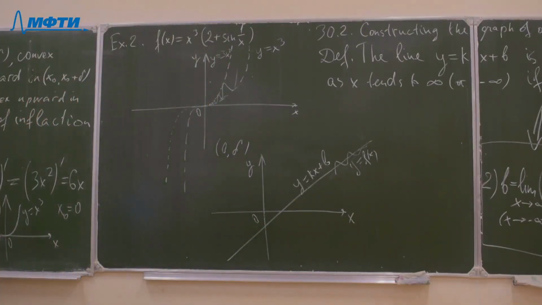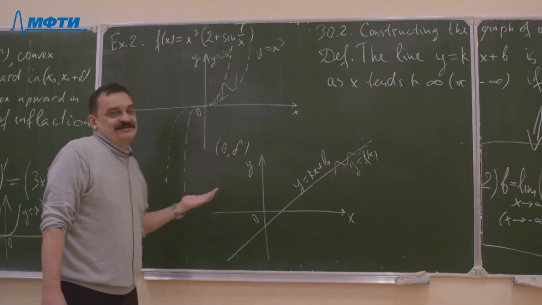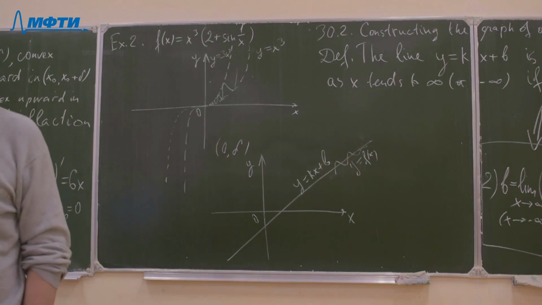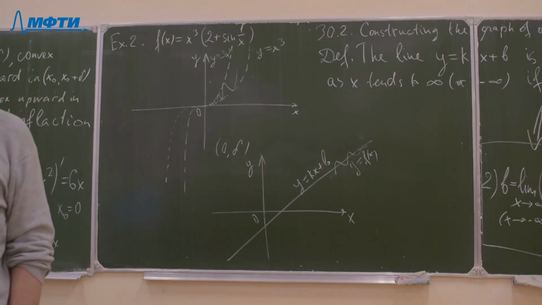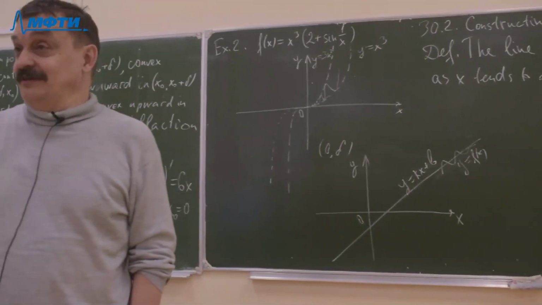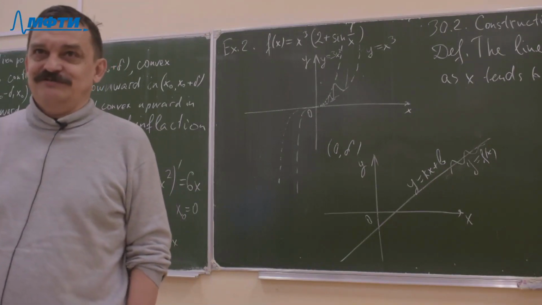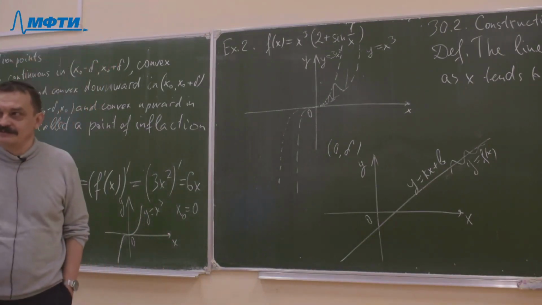So that is it. Once again, it's a good idea to say the last direction of convexity, but what does it mean? In principle, it's possible to give such a definition, but then we need to define what the last direction of convexity means, right?